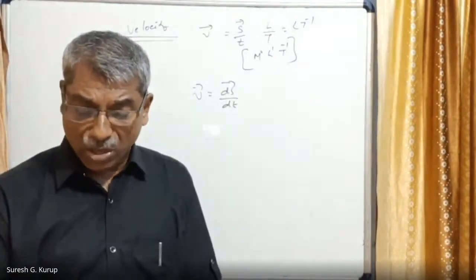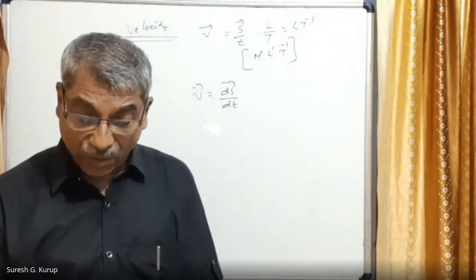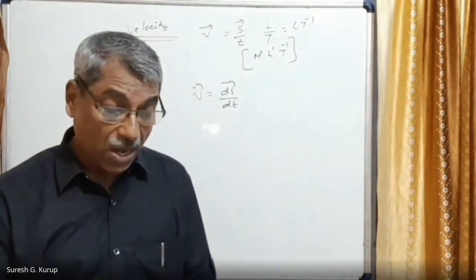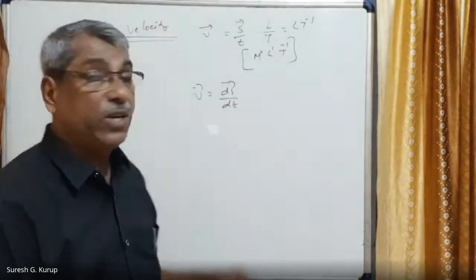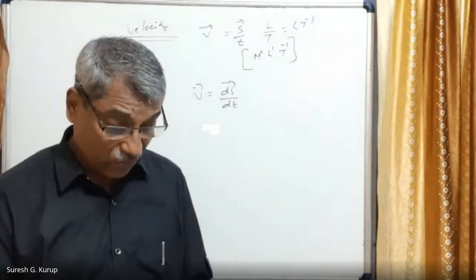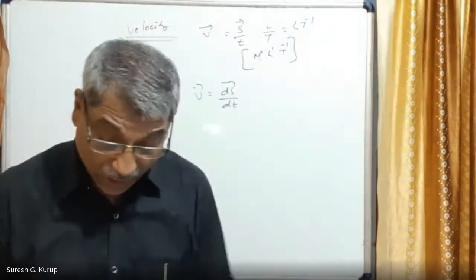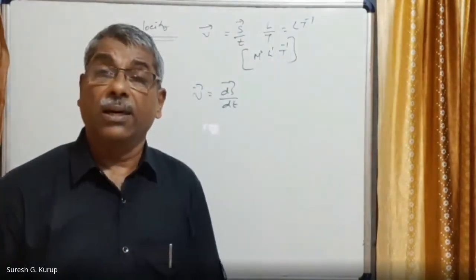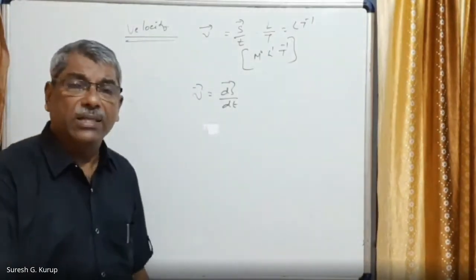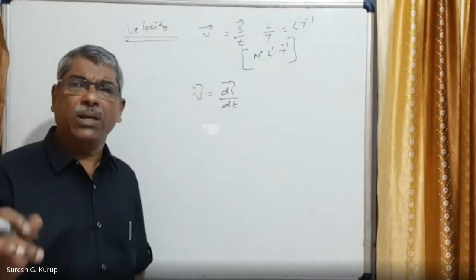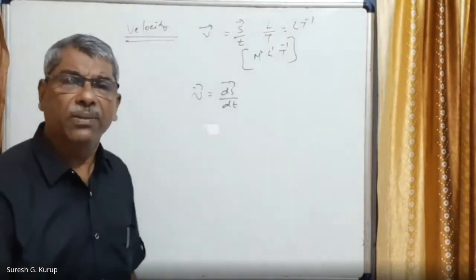So very small change in displacement divided by very small change in time is what you call the instantaneous velocity, right? Instantaneous velocity means velocity of a particle at any instant of time.